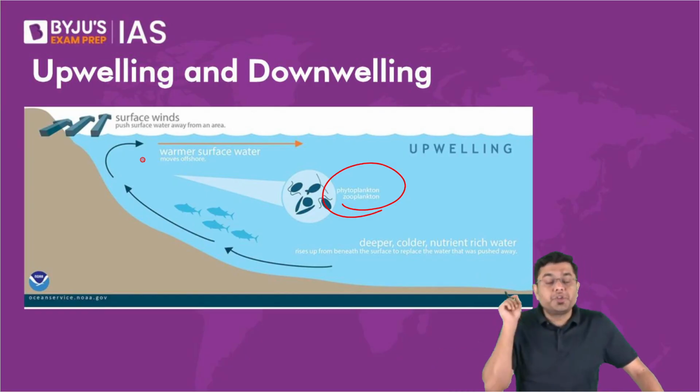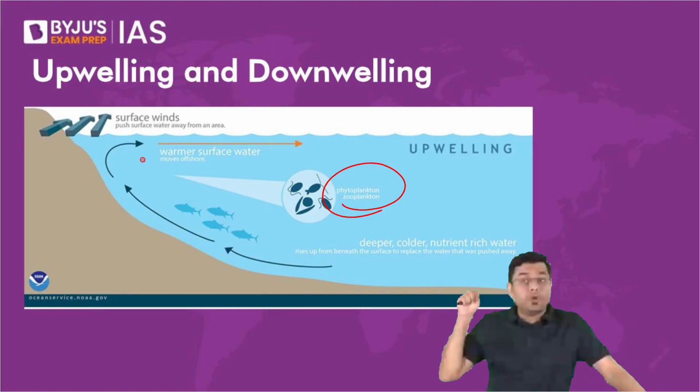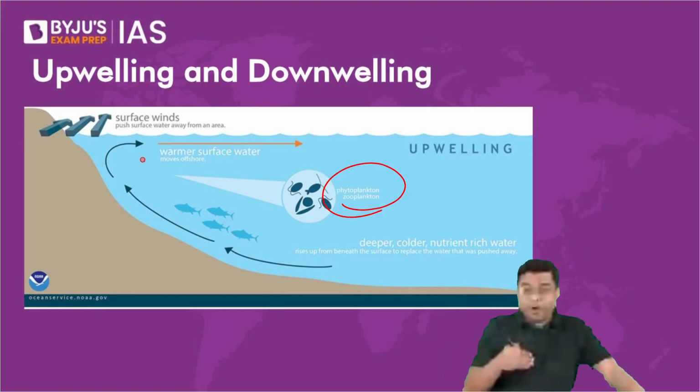The small fishes will also start increasing in number, and when small fishes increase, the larger fishes' population will also increase. So these end up forming very good fishing grounds in general. Upwelling, wherever it happens, is good for fishing.